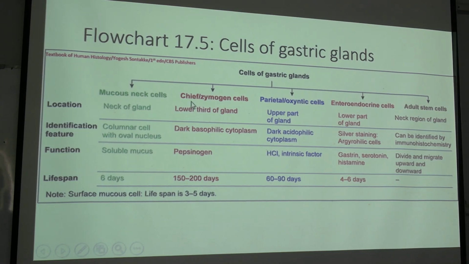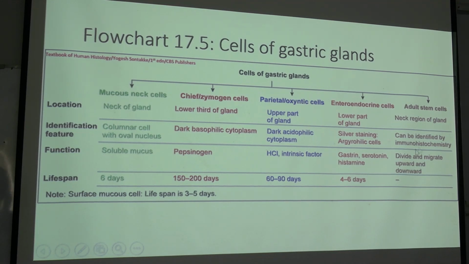Then we have the third cells, known as chief cells. These chief cells are present in the lower third of the gland, secreting pepsinogen, which is the proteolytic enzyme that comes out here. And then at the bottom or base we have cells producing hormones. What hormones? Gastric hormones, serotonin, and histamine.